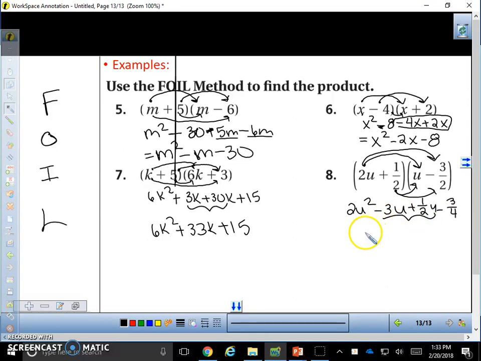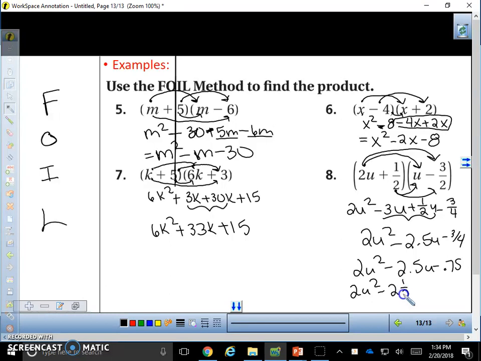Combine your like terms: 2u squared minus 2.5u minus 3/4. Now this is a little bit messy, so let's make this all fractions or decimals. So 2u squared minus 2.5u minus 0.75, or 2u squared minus 2 1/2 u minus 3/4. All of those would be okay, but these are all the simplified ones. These ones are the nicer ones.